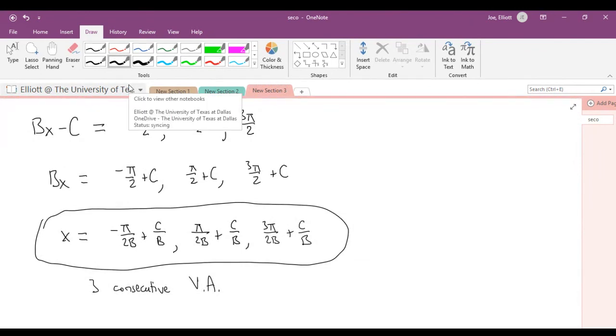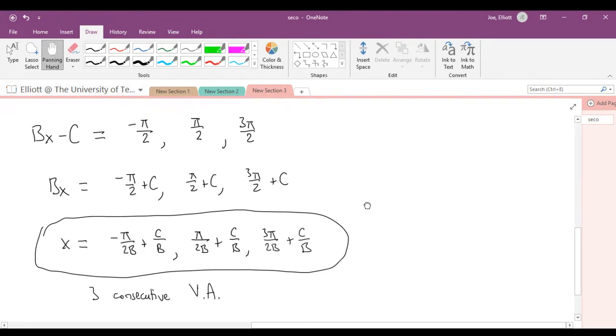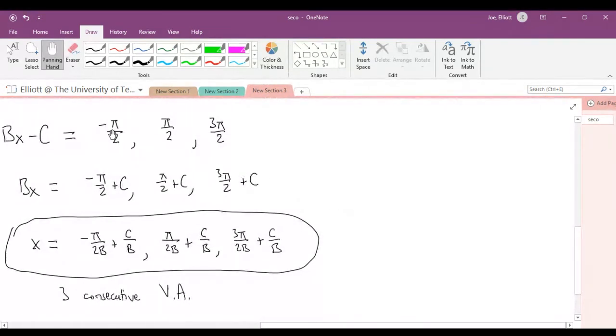So if I wanted a general formula that represents all of the vertical asymptotes, instead of writing out a few specific ones. Okay, so for secant, we had this idea that its vertical asymptotes are at every odd multiple of pi over 2.